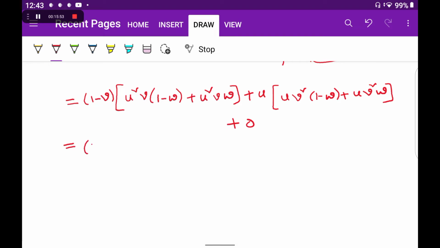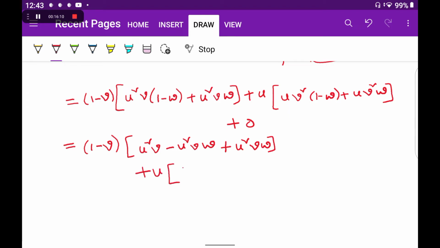So when you simplify this, 1 minus v into u square v minus u square vw plus u square vw, plus u into uv square minus uv square w plus uv square w.